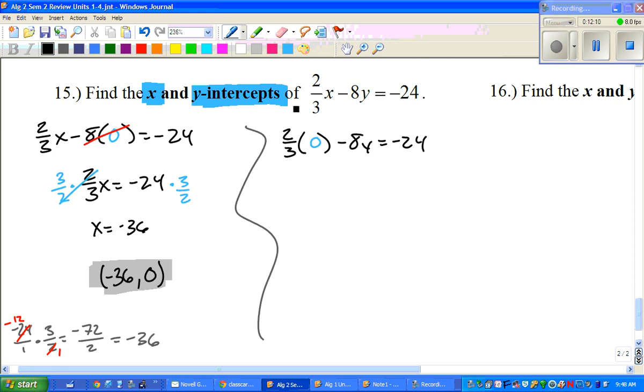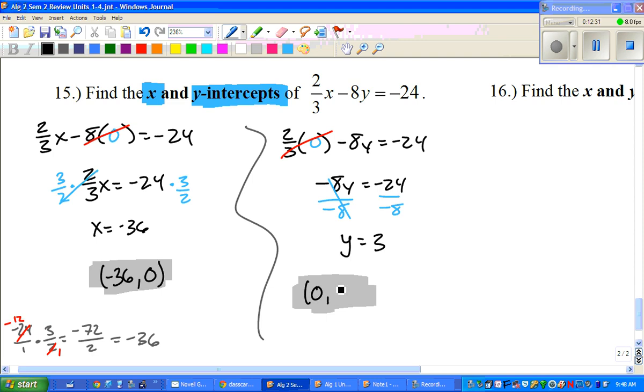Okay, now that's just the x-intercept. We have to come back and find the y-intercept, where those cancel. You divide both sides by -8, and we get y equals 3. And then our answer is (0, 3).